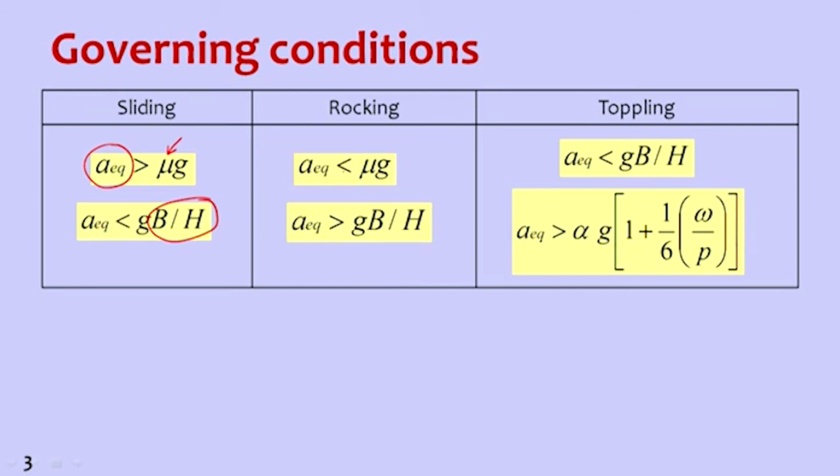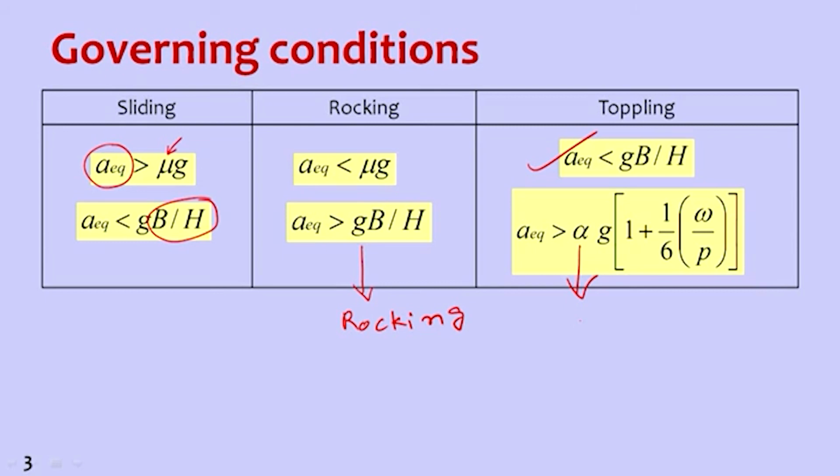Similarly, rocking is just the opposite of the sliding condition. So if one of the conditions is satisfied, we will say the behavior is rocking. Now similarly, the third one is toppling. Apart from the rocking condition, we have one more thing: we need to check alpha.